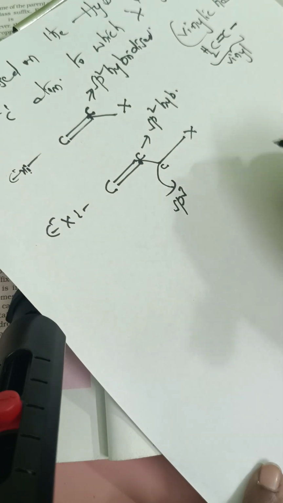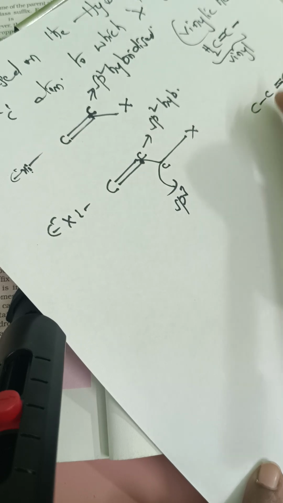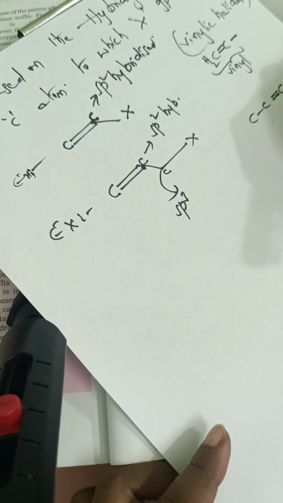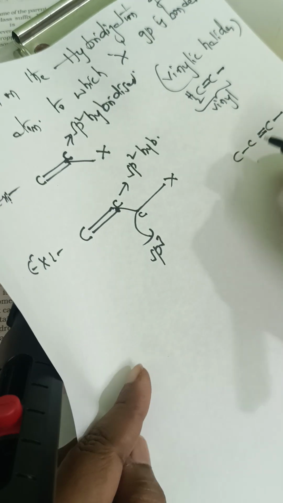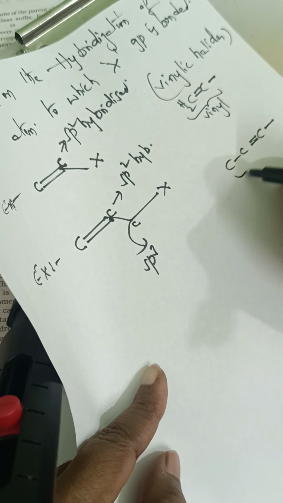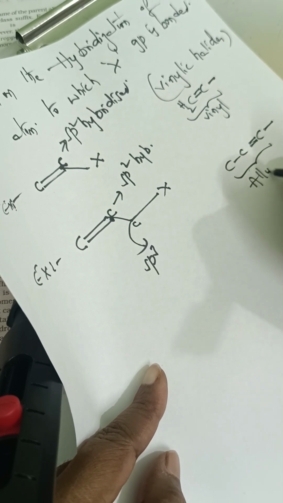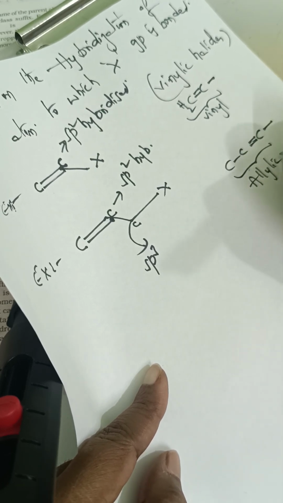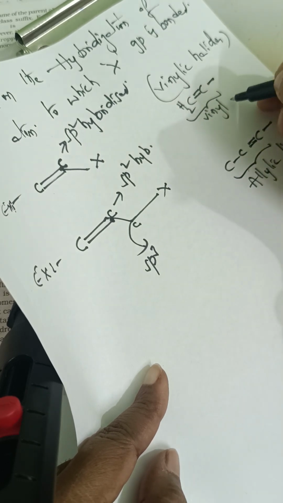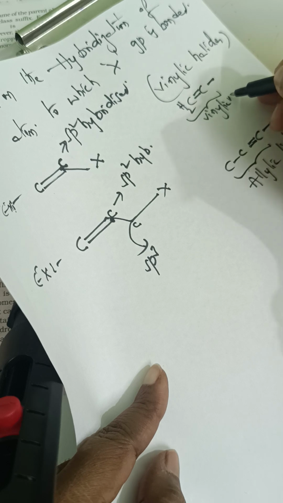Whereas allyl is nothing but three carbons with one double bond and one linkage. Here this is the allylic linkage. This is the vinyl group, vinylic linkage.